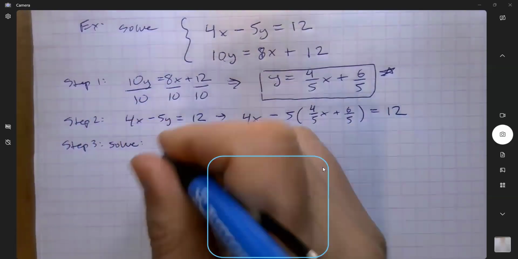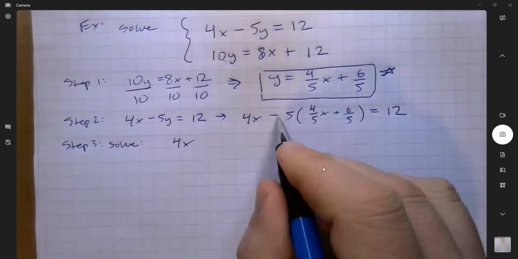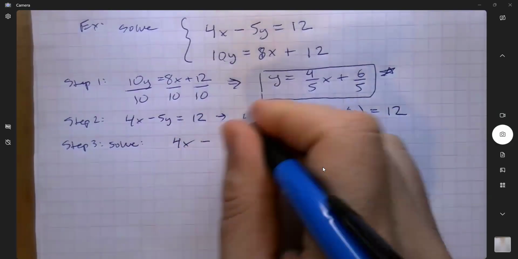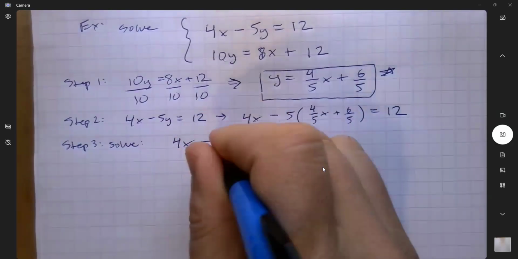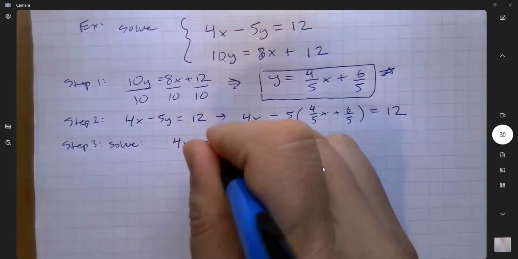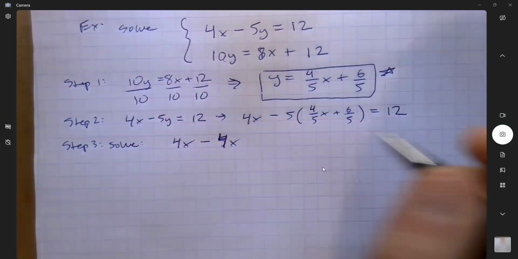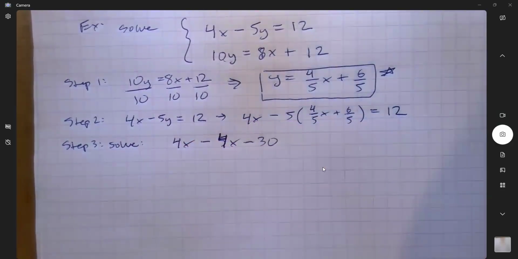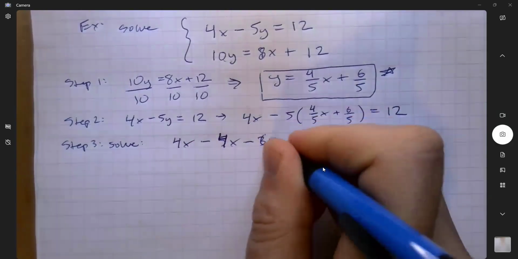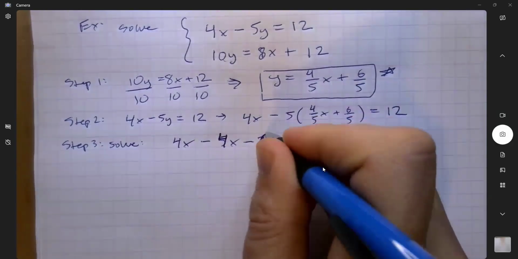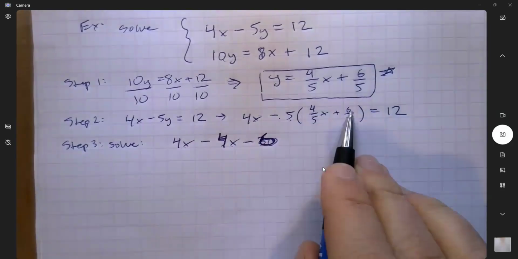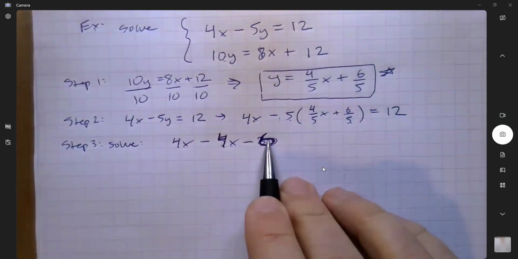And so my first step is going to be to distribute this minus 5. So I'm going to get 4x and then a minus 4x and then a minus 6, because negative 5 times 6/5 is negative 6.